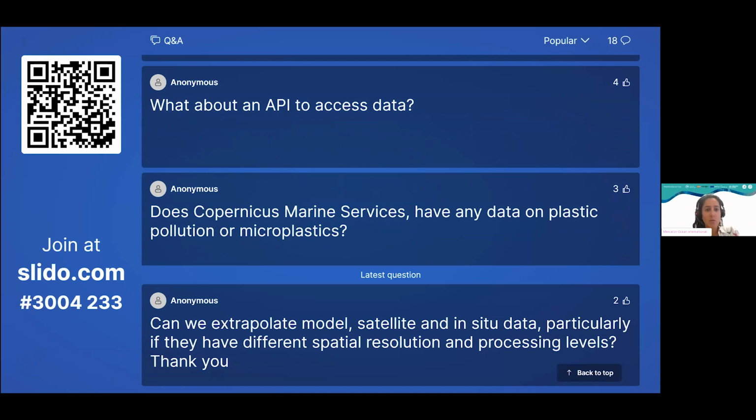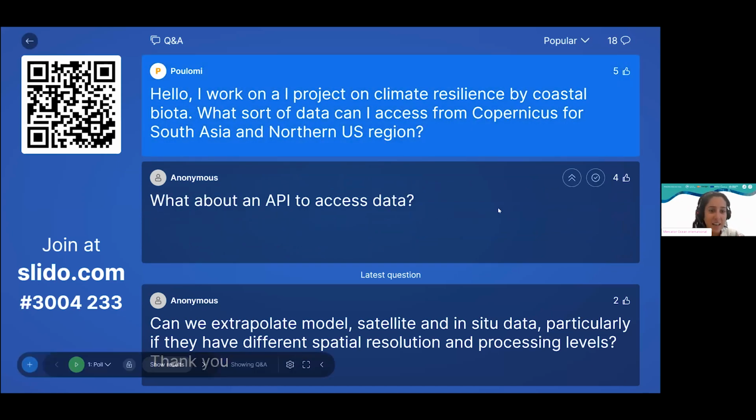So next question: I work on a project on climate resilience by coastal biota. What sort of data can I access from Copernicus for South Asia and northern US region? Yes, we talk about global ocean data, and for this green ocean, you will find a series of data in your area of interest.